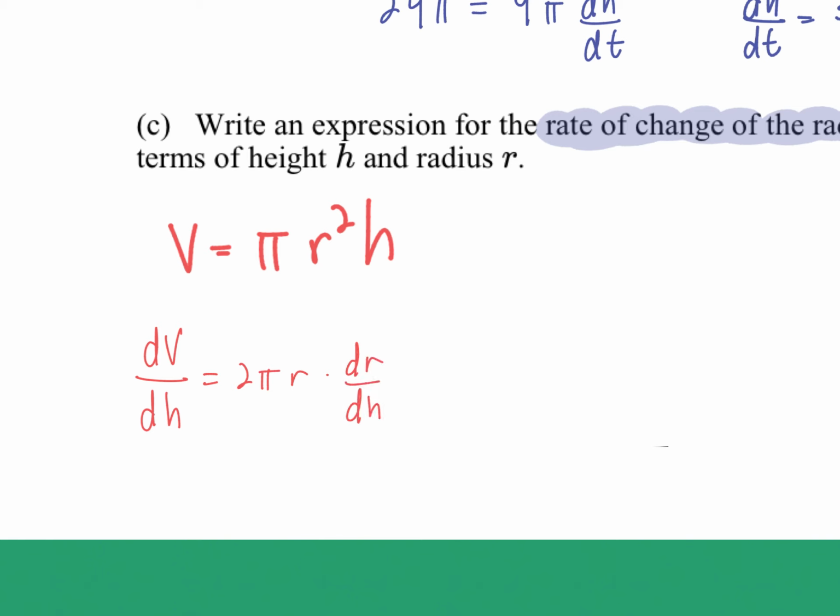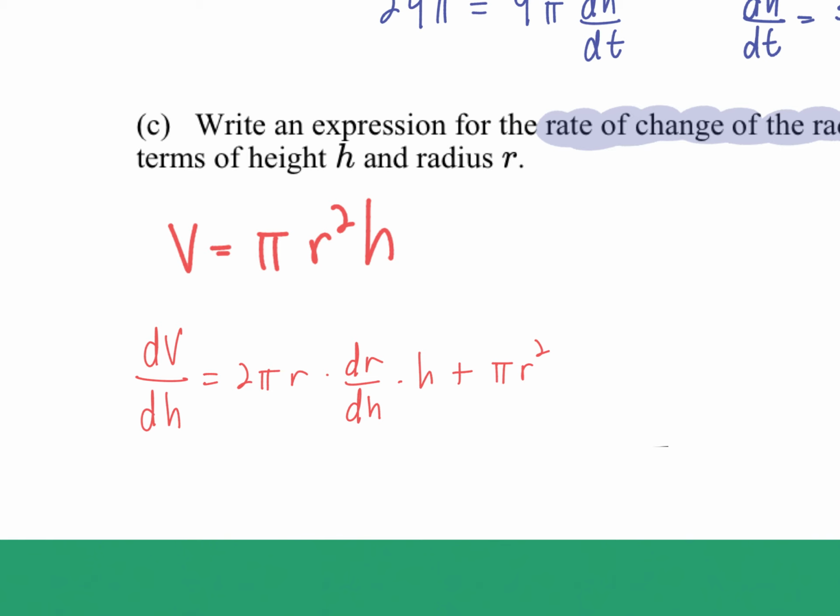Okay, so that's what we're looking for. And then times the height, and then plus this times the derivative of h with respect to h. Derivative of h with respect to h is 1. So this ends up just being pi r squared.